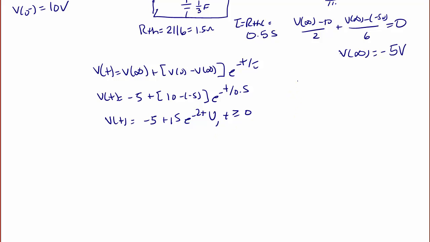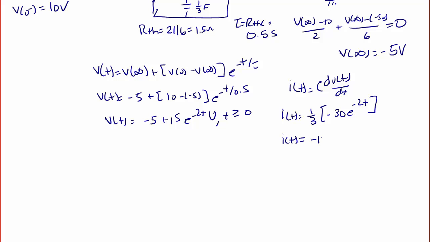So the current through the capacitor is I of t equals C dV of t dt. So I of t is equal to 1/3 times negative 30 e to the negative 2t. So I of t equals negative 10 e to the negative 2t amps for t greater than or equal to 0.